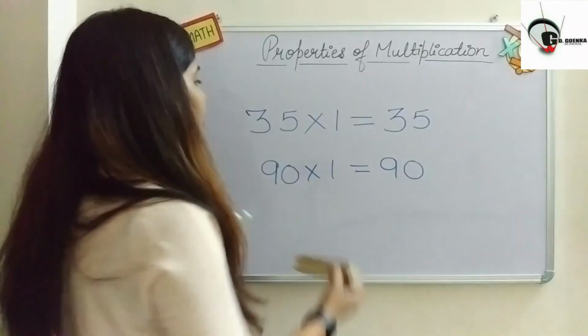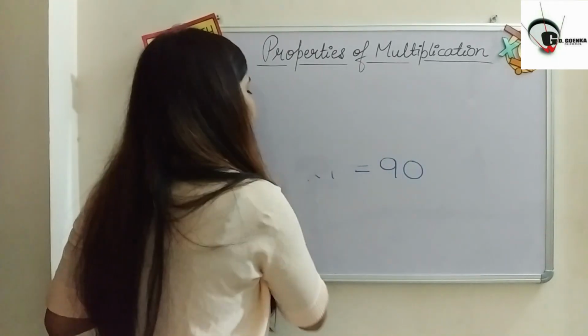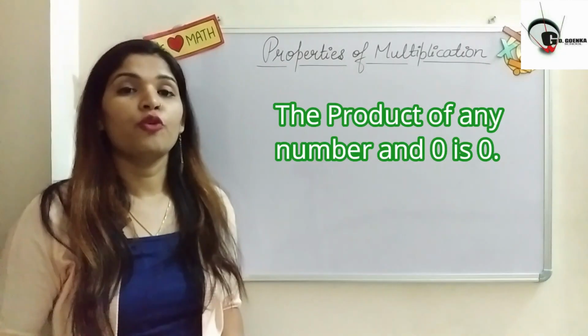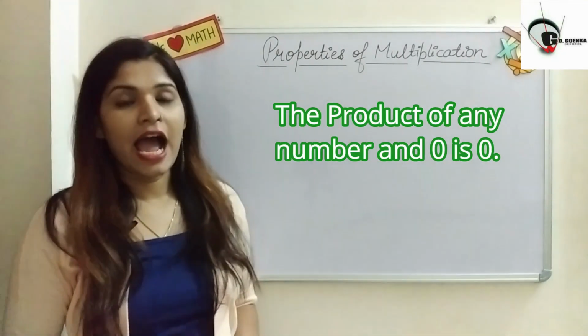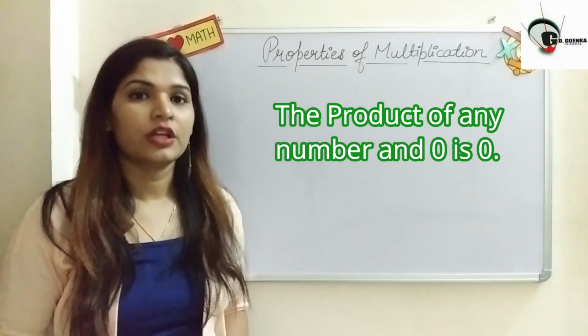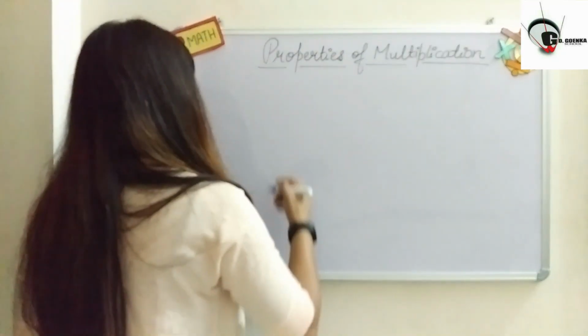The second rule is: the product of any number and 0 will always be equal to 0. Let us see with this example.